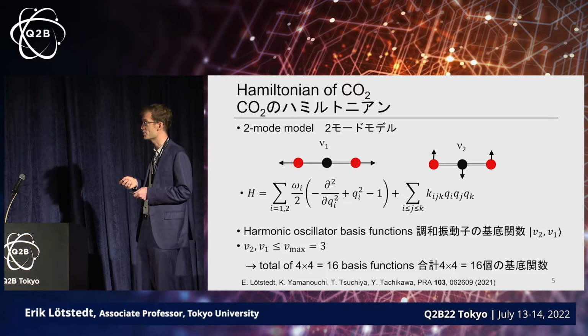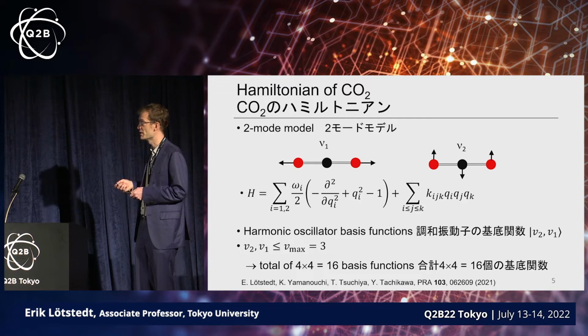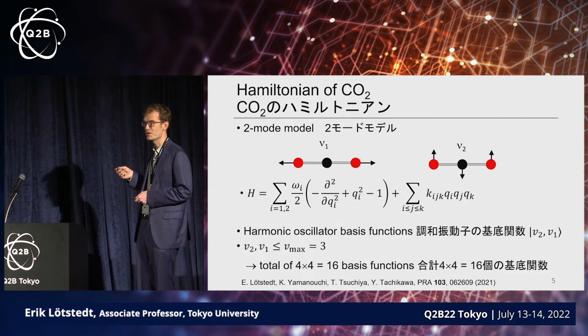There is one term in the Hamiltonian describing the individual oscillations of each mode, which is harmonic, as a harmonic oscillator. And then there are the terms coupling the modes. And we expand this in terms of the harmonic oscillator basis functions. We use 16 basis functions, a very small test problem we are considering. And 16 basis functions means that we can describe this using 4 qubits on the quantum computer.